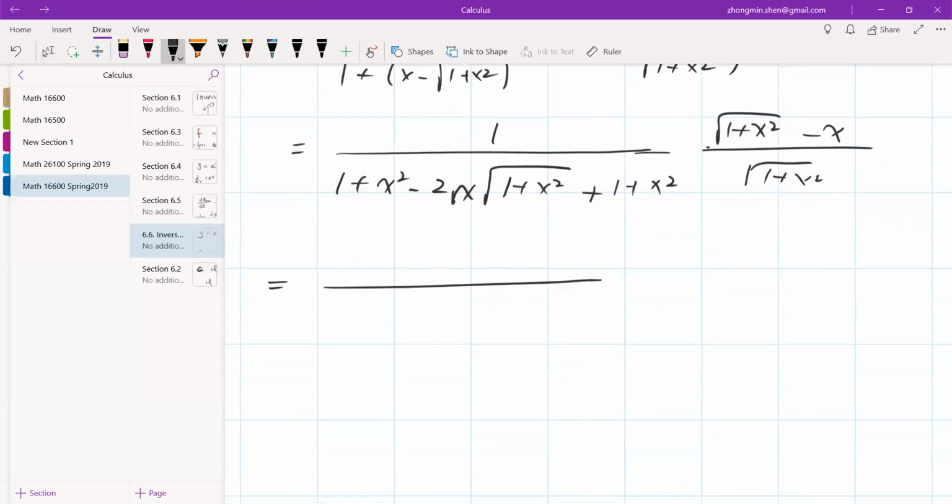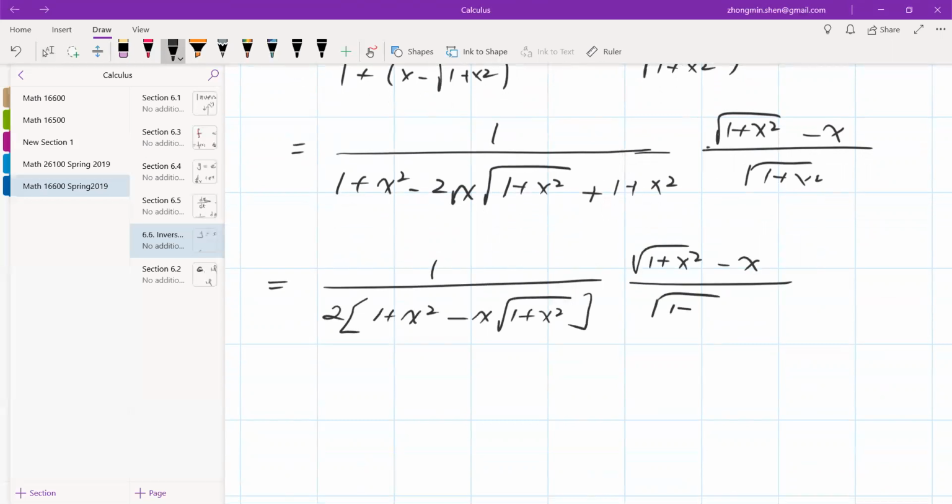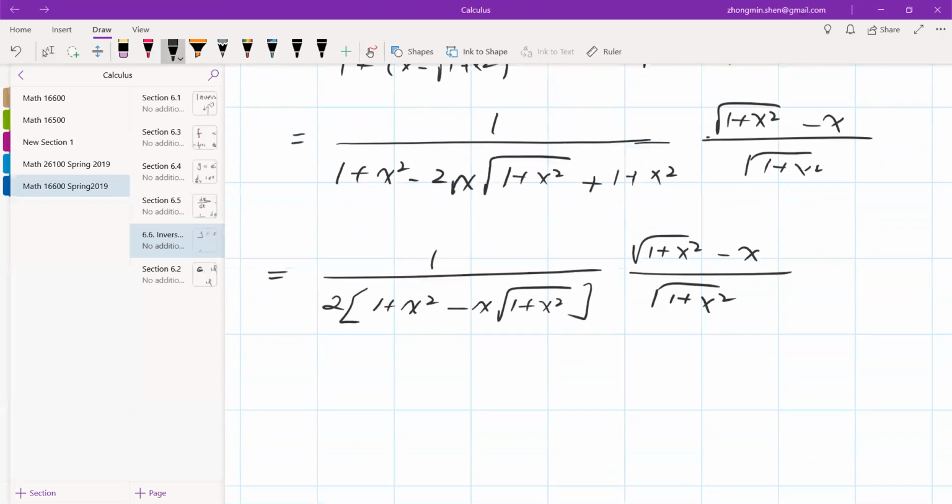I got a double x squared, double of this. So what I can get is I can take a 2 out. 1 plus x squared minus x times the square root of 1 plus x squared. Okay?